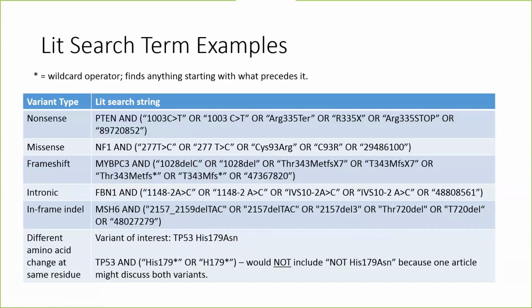You could do that, but then it might kick out an article that happened to include both this variant of interest as well as a new variant that could help you out. So I would say don't include the NOT in this situation, but stick to these two, and you might come up with some articles that will give you more information on other variants at the same residue.